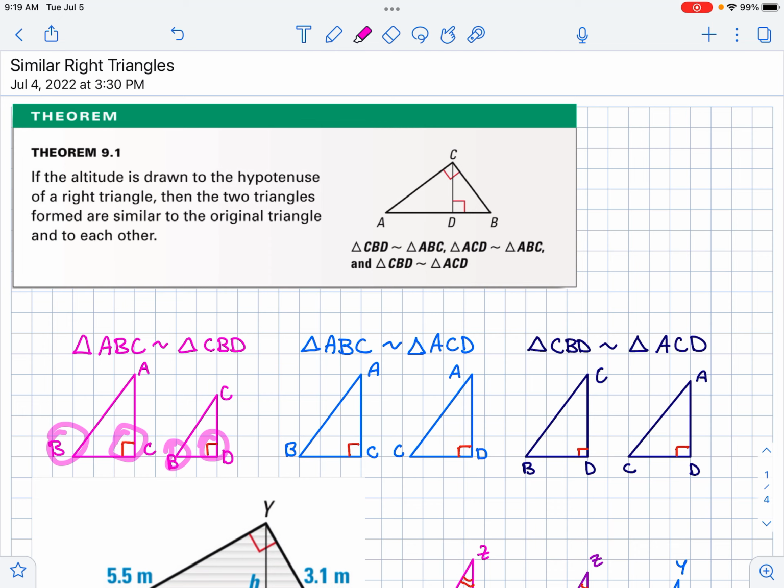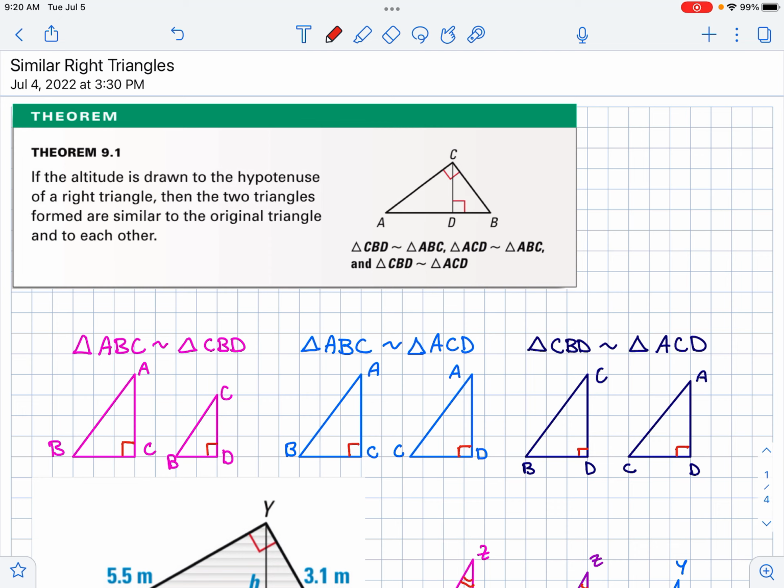So what you have is a situation where you have the angle-angle theorem. If you have two angles corresponding to another two angles in another triangle, you say those two triangles are similar. And that's what we have here. So this big triangle and this little triangle over here are similar to each other.